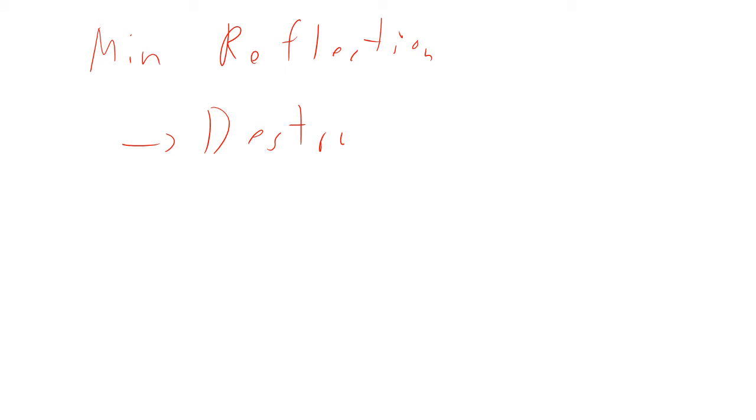Now, since we've said that the index of refraction is between that of air and the material, that means we get a phase shift on both sides. So minimum reflection would mean destructive interference.